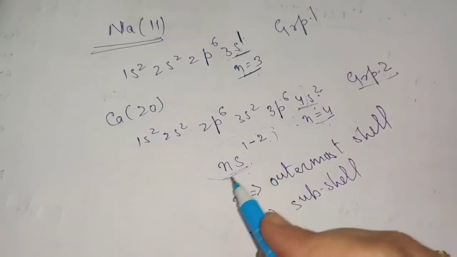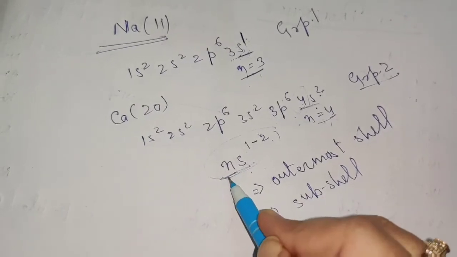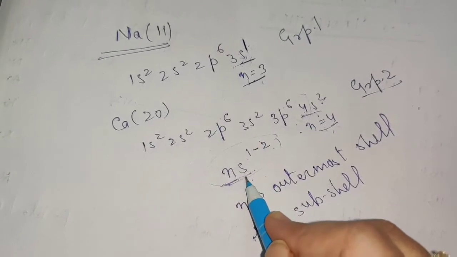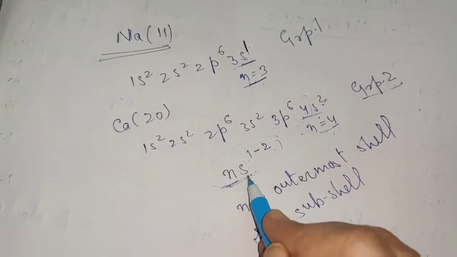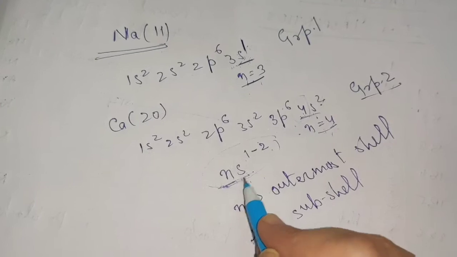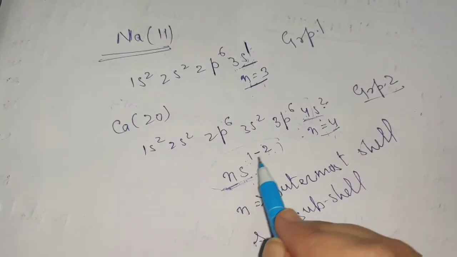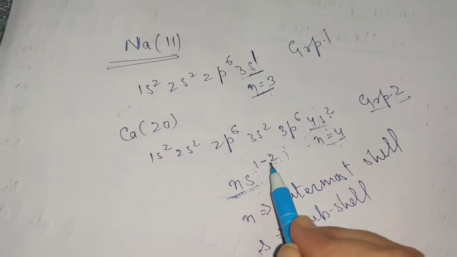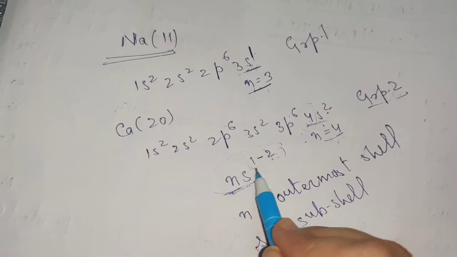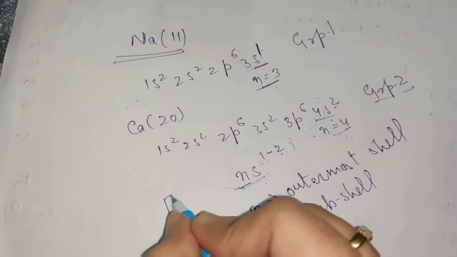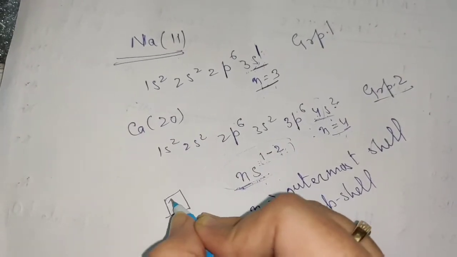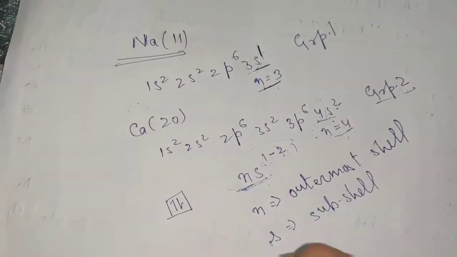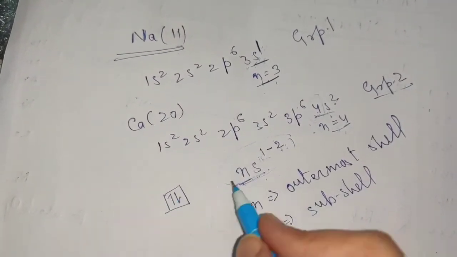That means n is the outermost shell number, s indicates that the last electron is entering into the S subshell, and 1 to 2 is the number of electrons. Why 1 to 2? Because at the maximum it can hold 2 electrons and at the minimum 1 electron, since S has only one orbital, and its maximum electron holding capacity is 2.